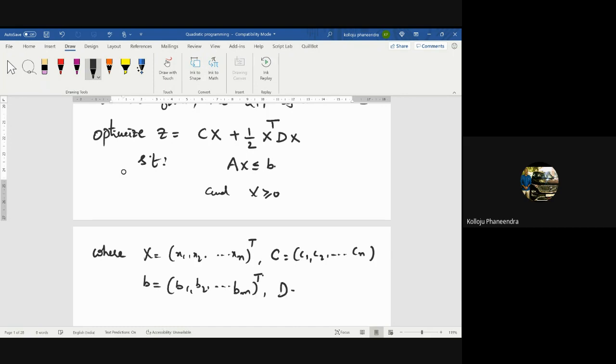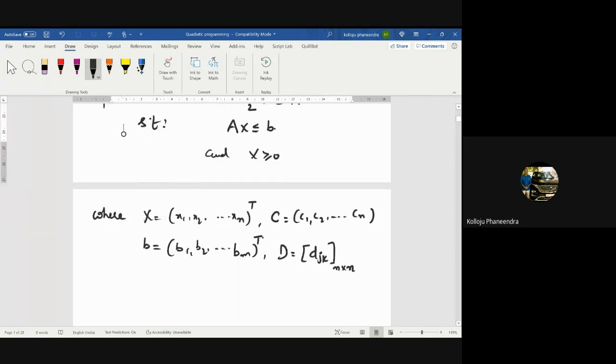And capital D matrix, what is it? I told you djk. This is an n by n matrix. And what is the matrix A? Capital A is the matrix with elements aij, and the order of the matrix is m by n.